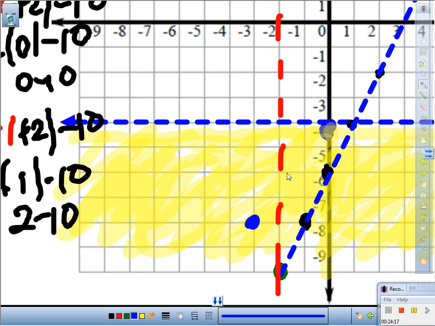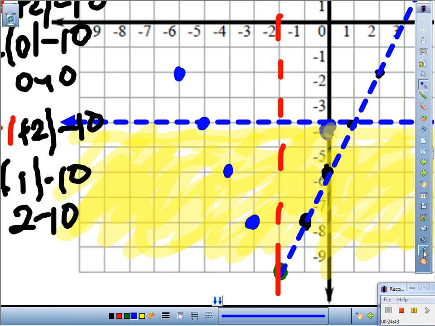I'm going to go to negative 6. How many steps is this point away? 2. That means on the other side, there should be a point 2 steps away. Go to negative 4. There's a point 1, 2, 3 steps away. So there should be 1, 2, 3 steps away this side. On that negative 2, it's 1, 2, 3, 4 steps away.